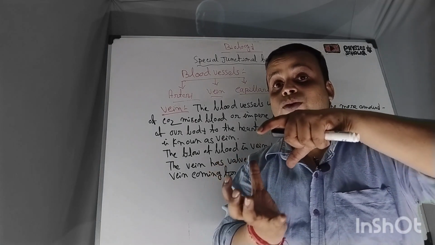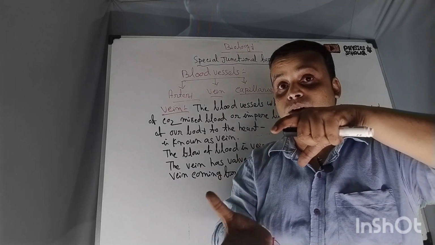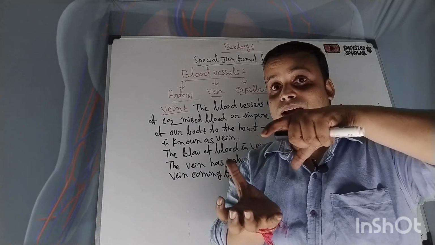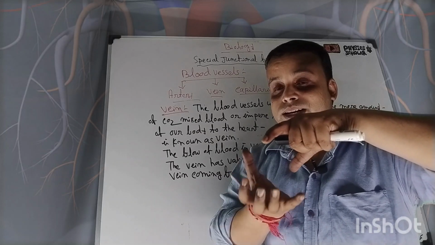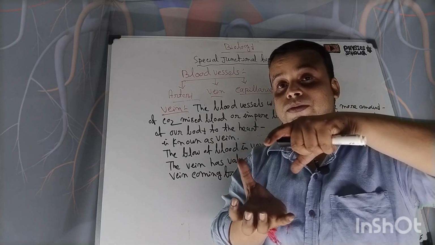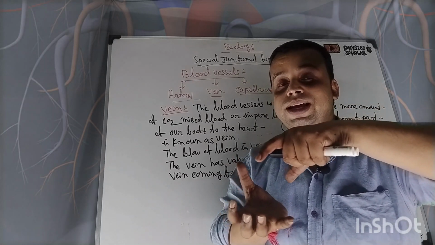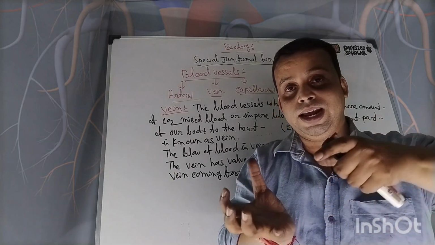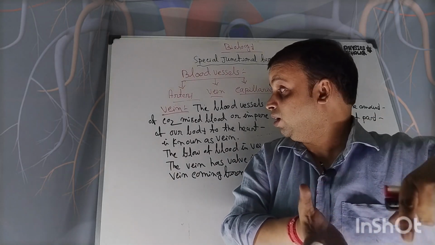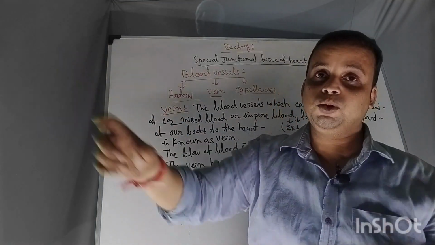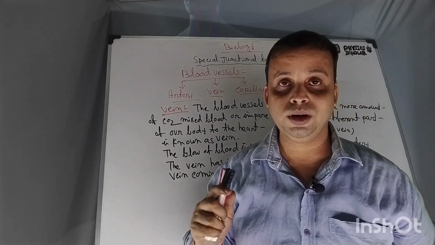That blood will take the carbon dioxide and become more carbon dioxide mixed blood, and it will mix into the main vein, and through that vein it will come to the heart. So that is known as the capillary.